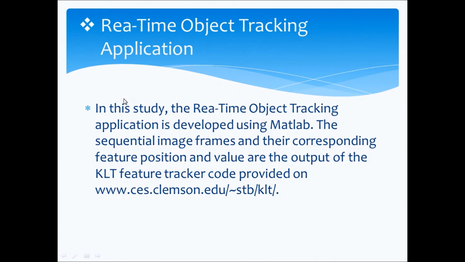In this study, the real-time object tracking application is developed using MATLAB. The sequential image frames and their corresponding feature position and value are the output of the KLT feature tracker code provided on this website.